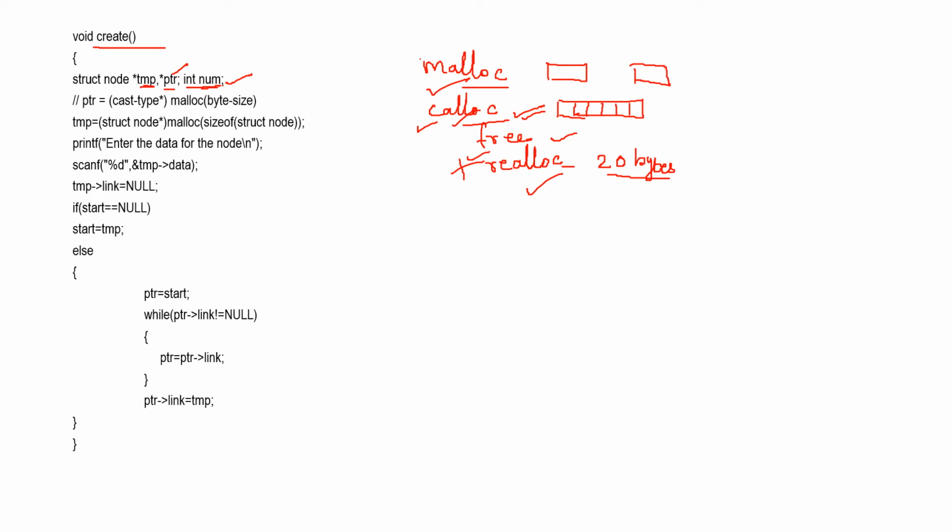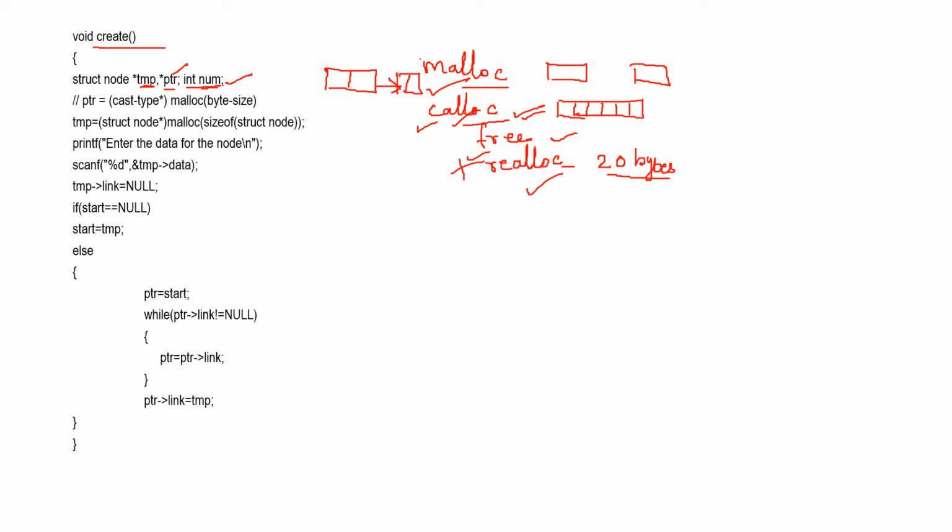But here the necessity is reserving memory space for a node only, because at first we will create a node and assign it to the linked list, then we will create one more node and make that newly created node be pointed to by the previous one, and so on.